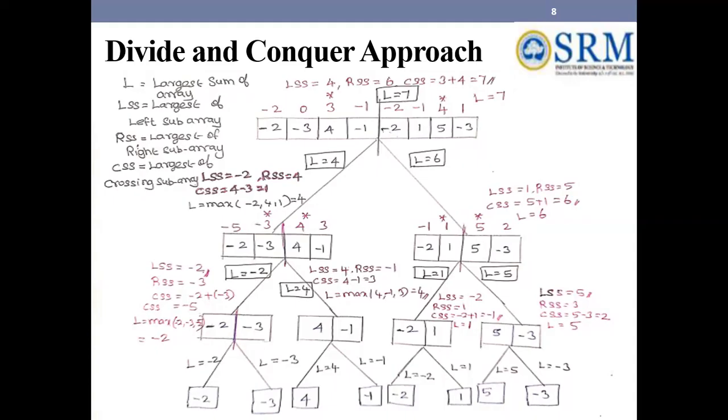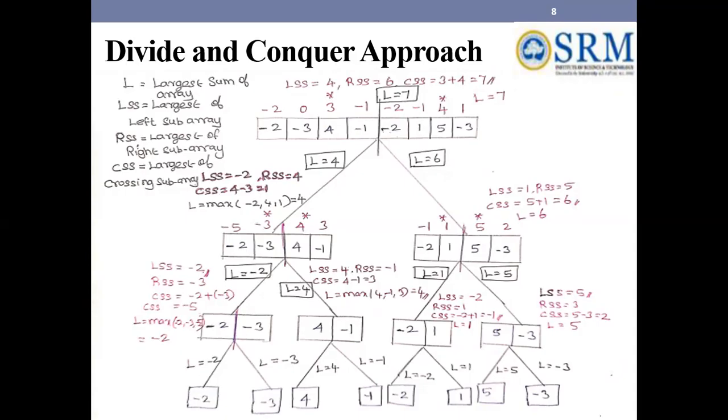So from the bottom, we are solving. See the last level. At each level, our aim is to find the L value, that is, the largest sum of a sub-array. Here we have only a single node, which is the largest value. So take the single node value as it is, that is the L value. That will be sent to its parent node, which is the original problem.